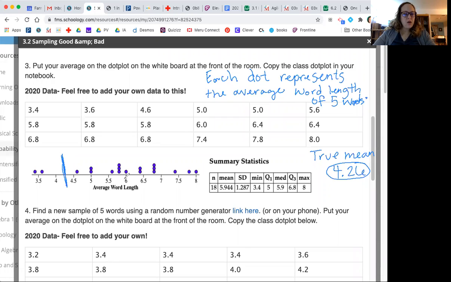What do we notice? The true mean is much lower than the mean that we got based on what we're going to call a convenience sample. This idea of just picking 5 words will ultimately get you a higher number because our eyes are drawn to longer words. We tend to skip over shorter words quicker, and we're more likely to quickly circle longer words.